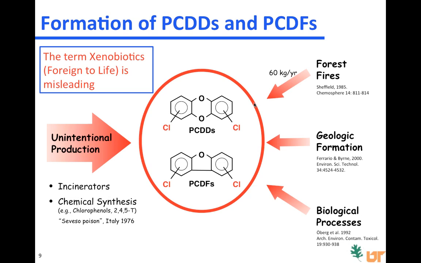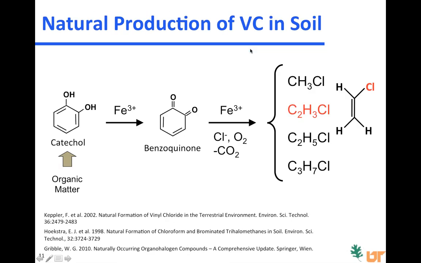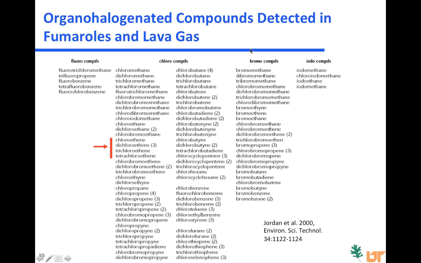If you go to the next slide, I expand a little bit on this. This is from a publication that was published in Environmental Science and Technology. There's a long list of chemicals that were measured in fumes or gases released from volcanoes.